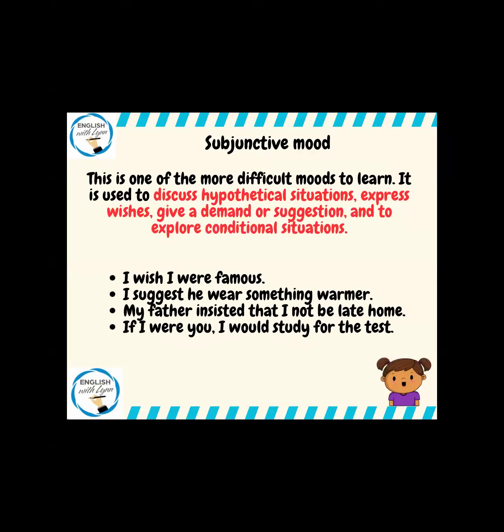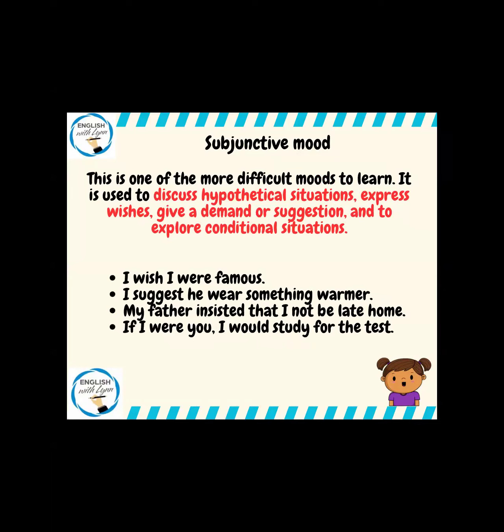Now, the next two are probably the most difficult, because the subjunctive mood, it is used to discuss your hypothetical situations as something that may not be possible. You're also expressing wishes. You may be giving suggestions or making demands, and it's also used to explore the conditional situations.